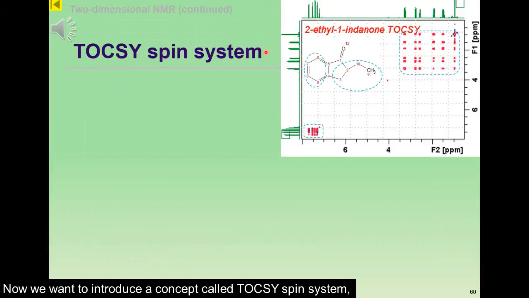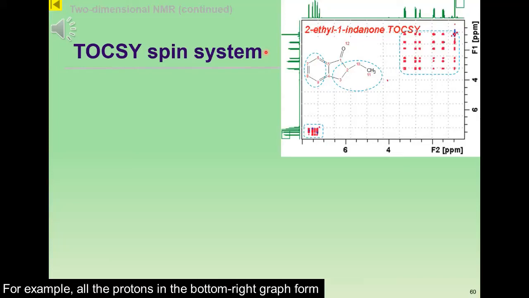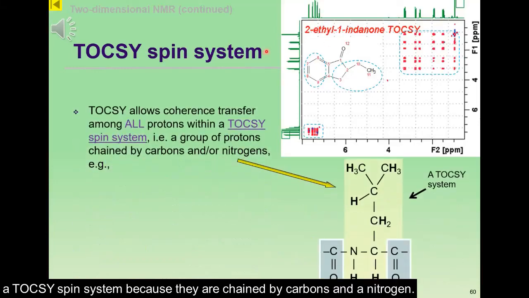Now, we want to introduce a concept called TOCSY spin system, which is a group of protons connected by carbons and/or nitrogens. For example, all the protons in the bottom right graph form a TOCSY spin system because they are connected by carbons and a nitrogen.